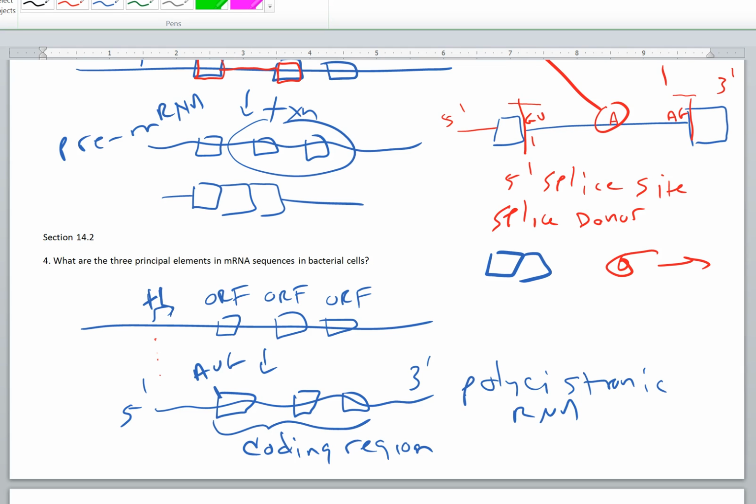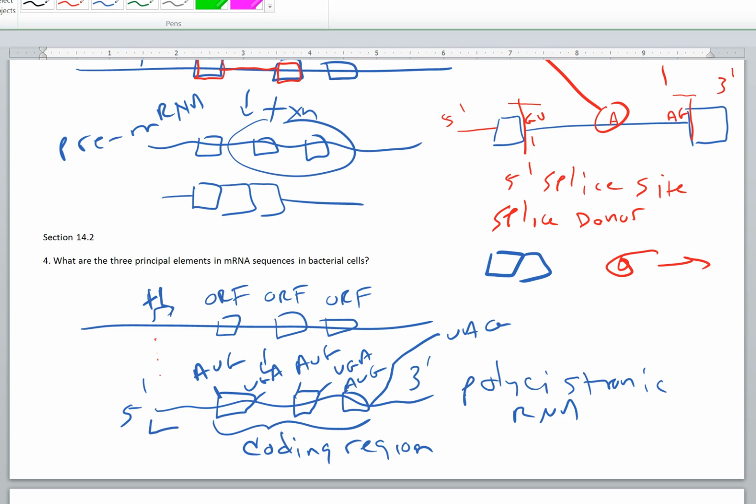And then there'd be another. But each of these open reading frames has its own start and its own stop. And there's 3 different stop codons. There's 3 different start codons, so I'll use a different one there.